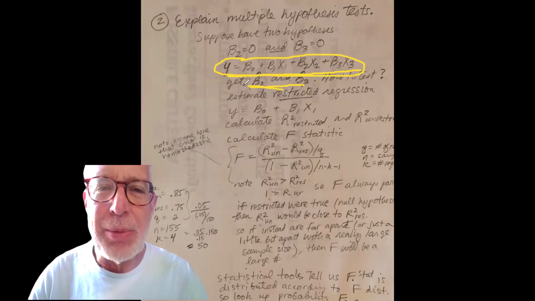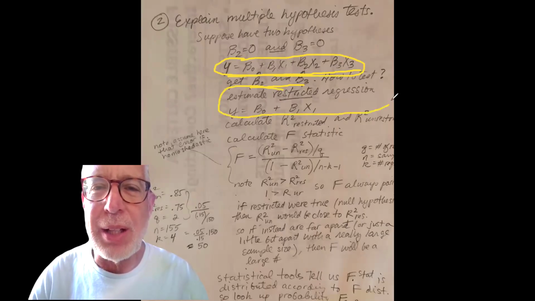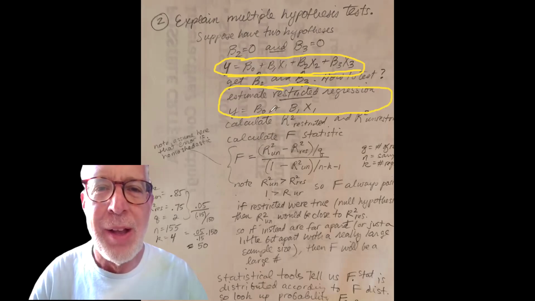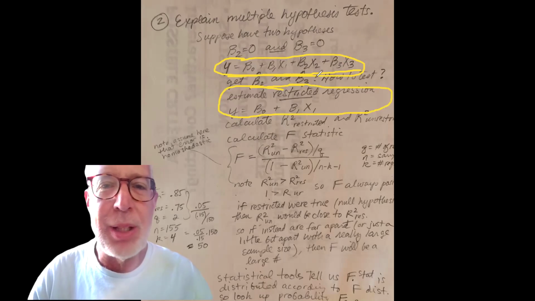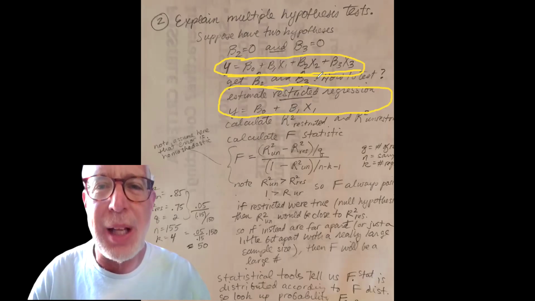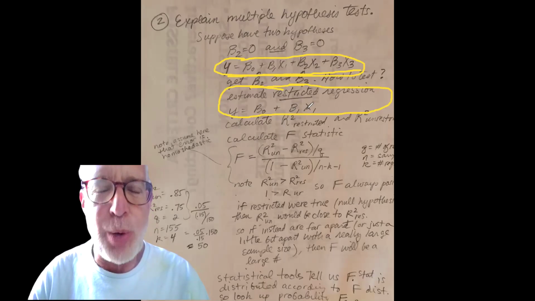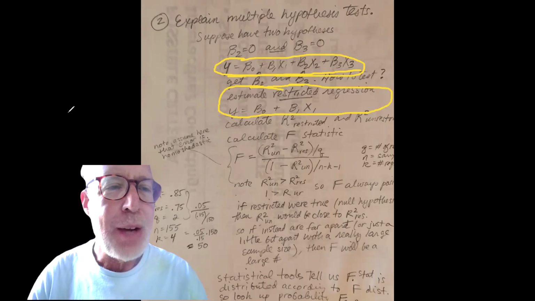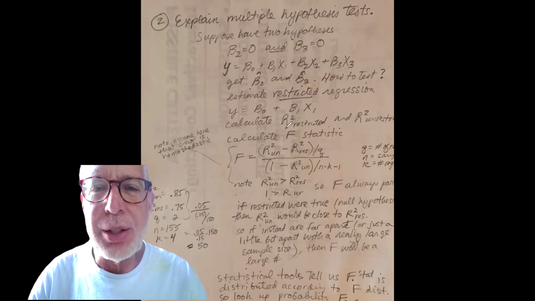Then we estimate what we'll call the restricted regression. We assume that beta 2 and beta 3 are equal to 0, so there's no need to include x2 and x3 in the regression. We just run the regression with x1, and we calculate the R-square for that. So now we have 2 R-squares, the R-square for the restricted regression and the R-square for the unrestricted regression.